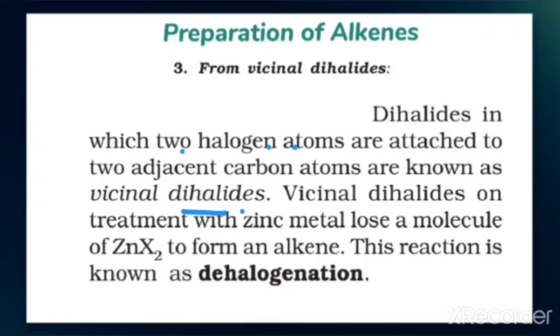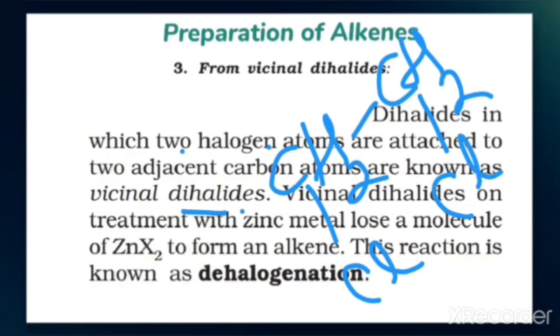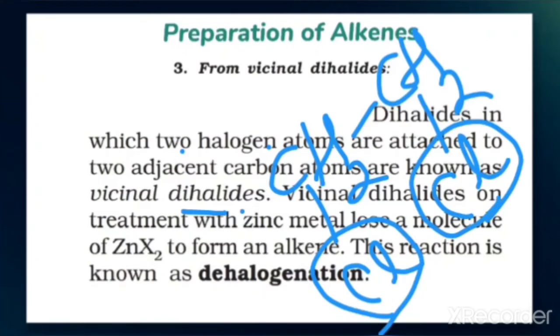For example, CH2 with one Cl here and one Cl here. This is a vicinal dihalide because two halo groups are on adjacent carbons.